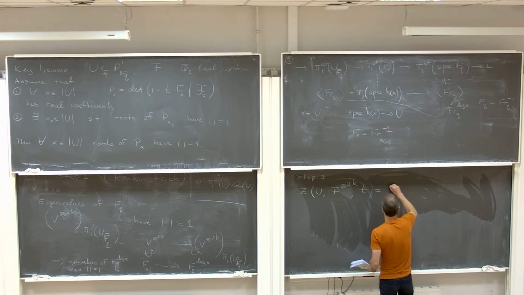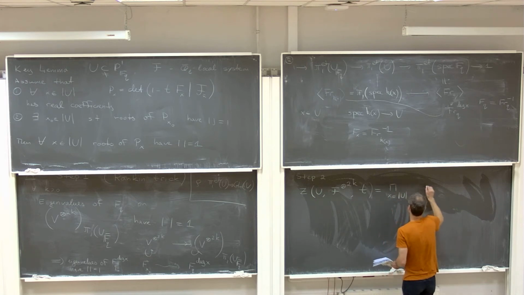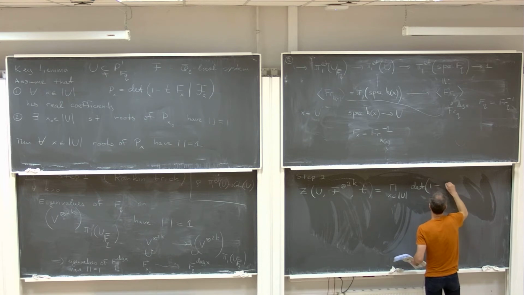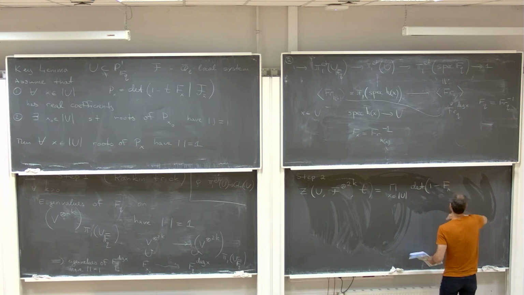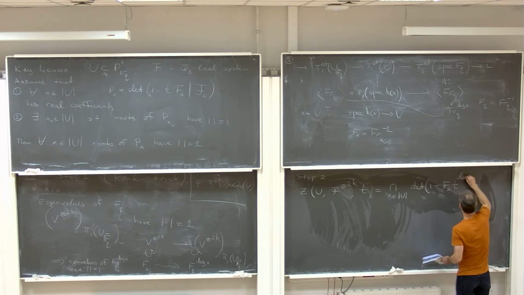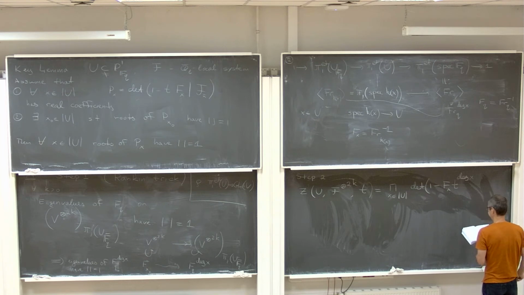This is the product over all closed points of U of the determinant of 1 minus geometric Frobenius at this point times t to the degree of this point, acting on the fiber, on the stalk.